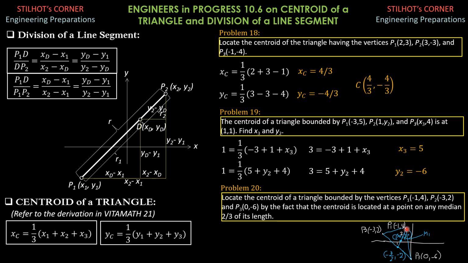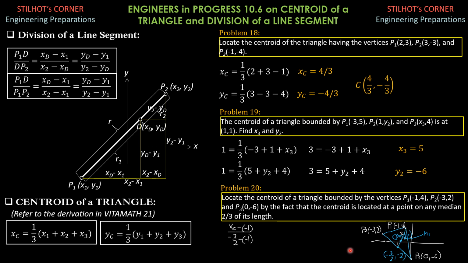Therefore, the x distance would be negative 1 minus negative 3/2, which is positive 1/2. So the ratio of the length of the line segment from here to the centroid to the length of the median is 2/3.